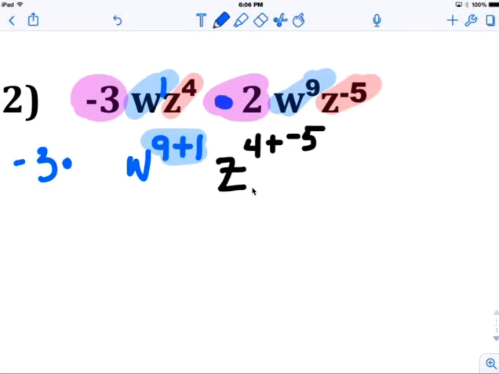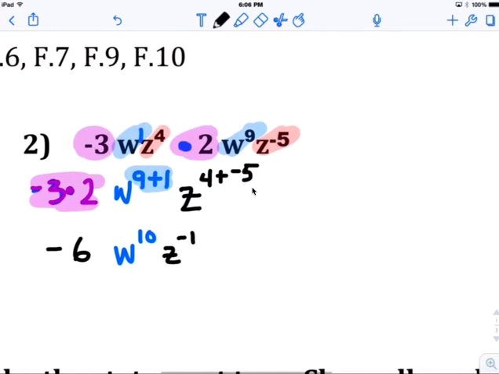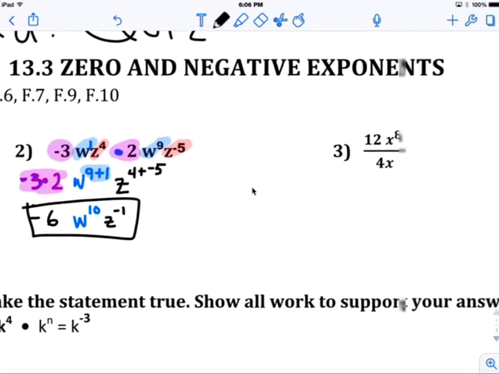I'll change the color to pink so you can see. -3 times the 2. So w to the 10th, z to the -1, and multiply last, -6. That's your answer for right now.